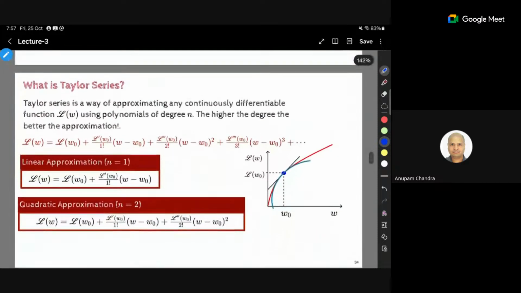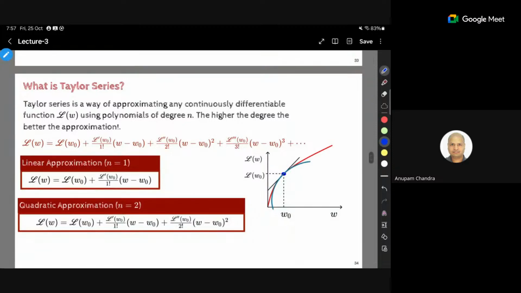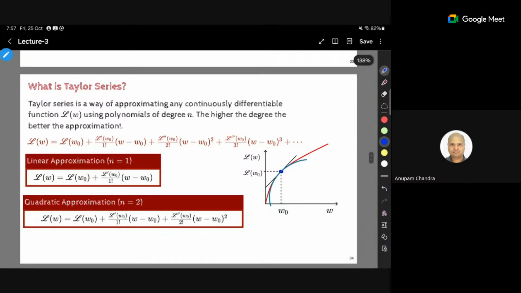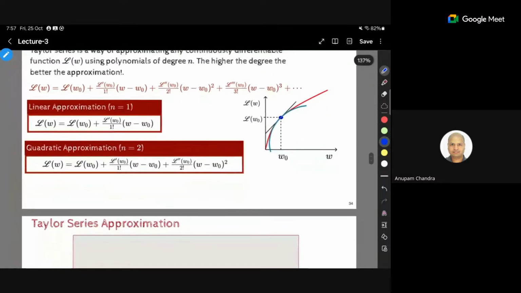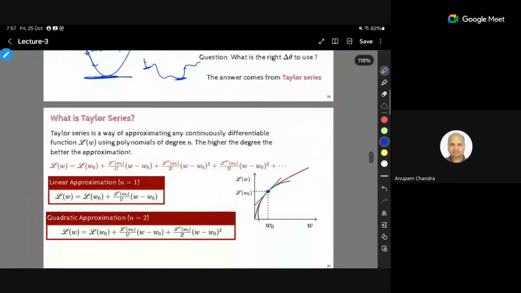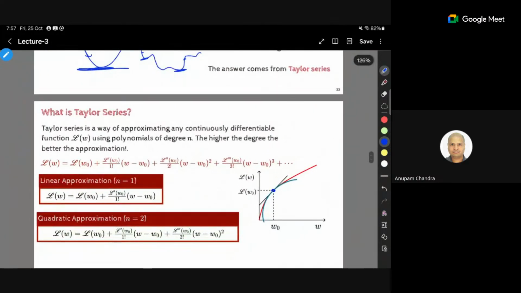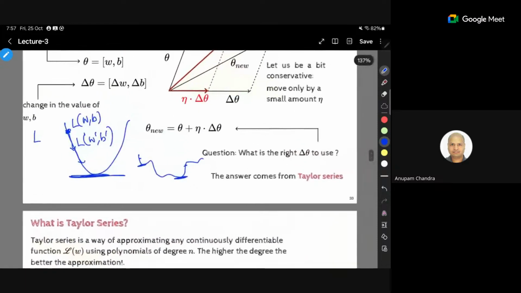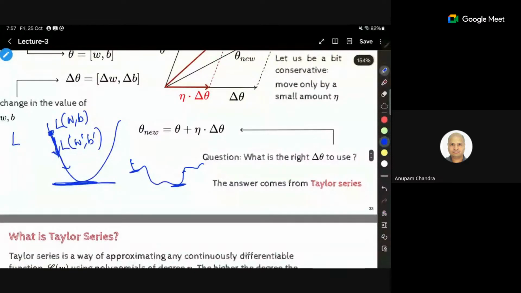Okay, so we'll use the Taylor series approximation to figure out what the function value is at some point, right? So we're going to take a gradient. I said that we are going to move in this direction, right? But how will I know what the loss value is around my point?